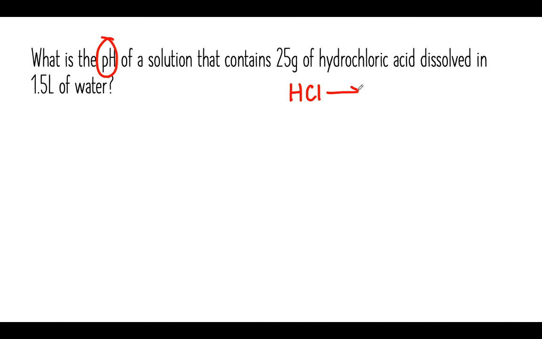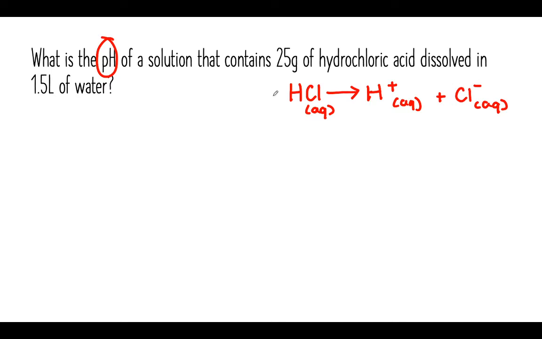What I mean by strong acid is that if HCl is dissolved in water, it is going to break apart completely into its ions. So HCl is going to become H plus and Cl minus, completely.